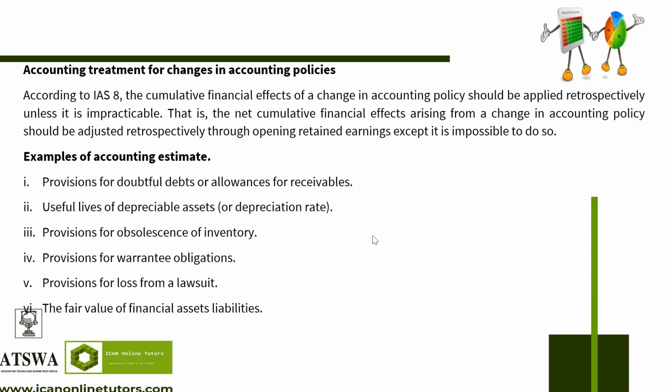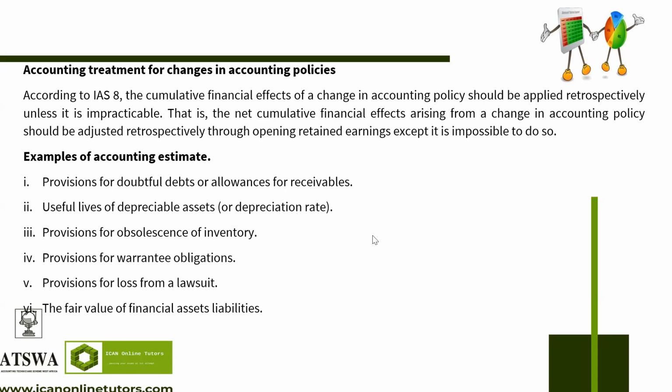All this cannot be calculated with precision. Useful life of a depreciable asset or depreciation rate is an example of an accounting estimate. Provision for obsolescence of inventory is also an example, because we cannot calculate it precisely.